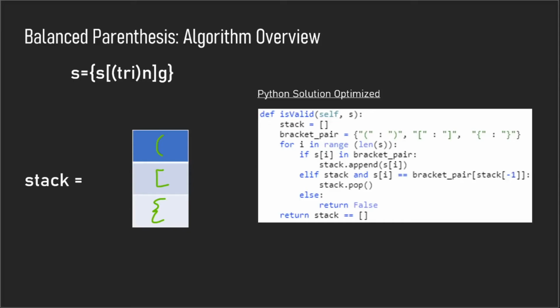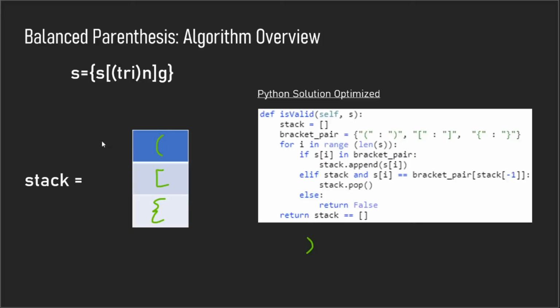And if the current element is equal to the value stored in the hash table, so in this case the current element is the closing parentheses, and then we look up this bracket pair's value for whatever is on the top of the stack, so we have an open parentheses, and then we look up the complement value, and that's a closing parentheses, and this value is equal to our current element, and that means we pop it. And in the event that it's not, that means you can return false. And when we return false, we know that the string doesn't have valid parentheses.